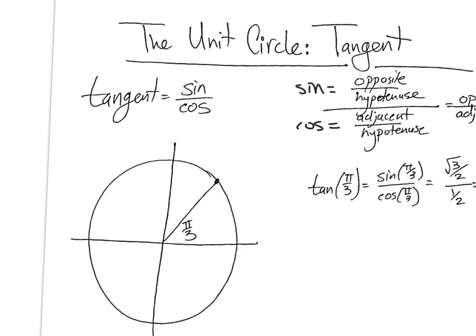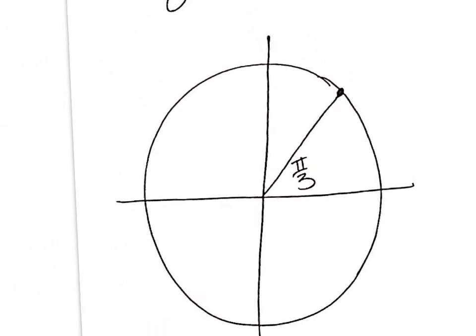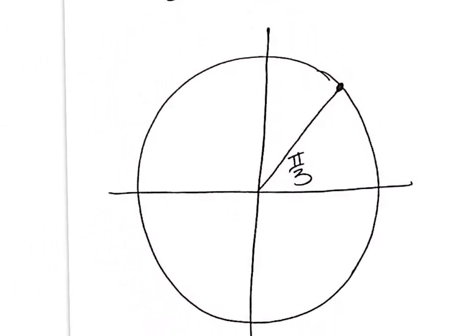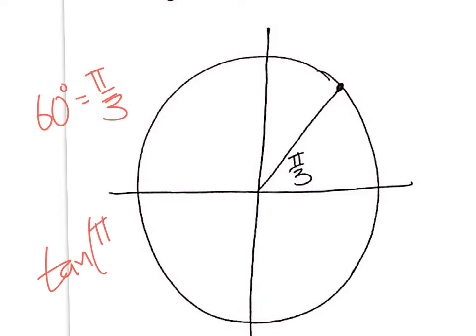So if you have a situation such as this, our angle is pi over 3, which is 60 degrees. We're interested in, well, what is the tangent of 60 degrees? What is the tangent of pi over 3?